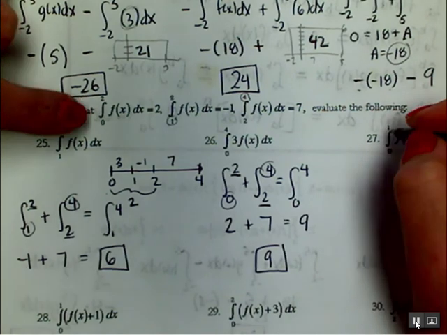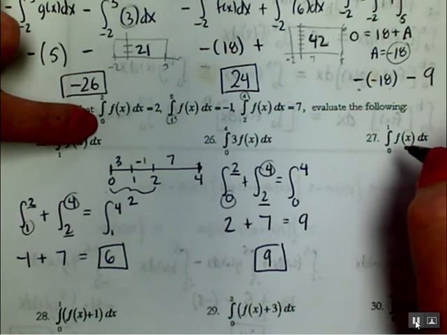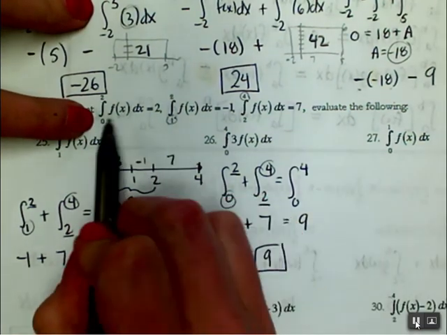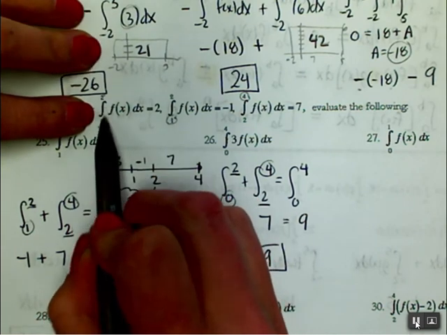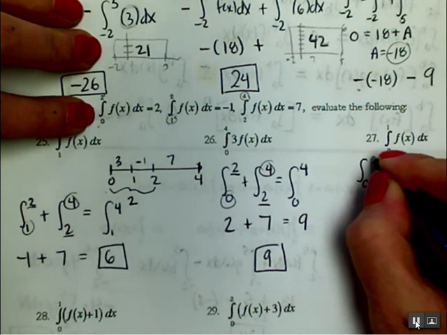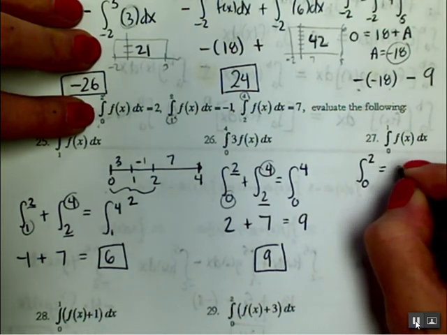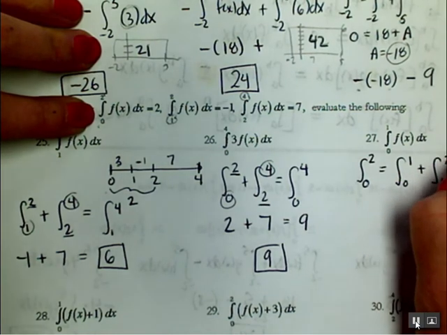0 to 1. Oh, that's a little bit tricky. Well, the only two integrals that have 0 and 1 is the first one and the second one. But notice that 0 and 2 are the bigger, right? There's the most left and the most right. 0 to 1 plus 1 to 2.